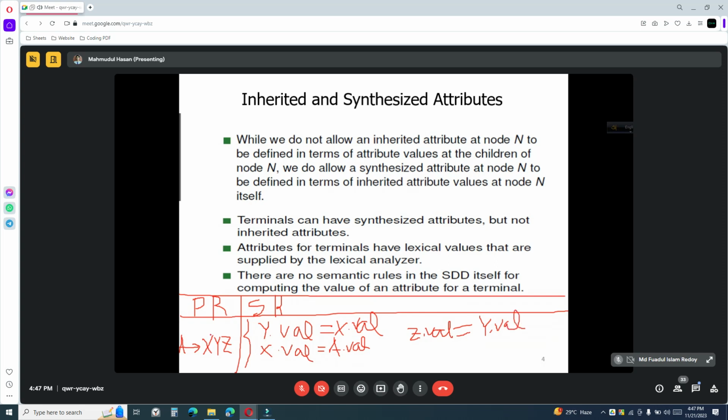Okay, so when this production rule is matched, then those semantic rules you need to perform.